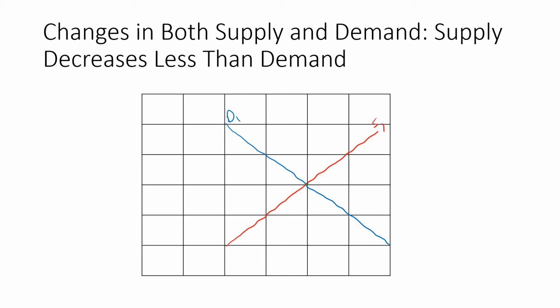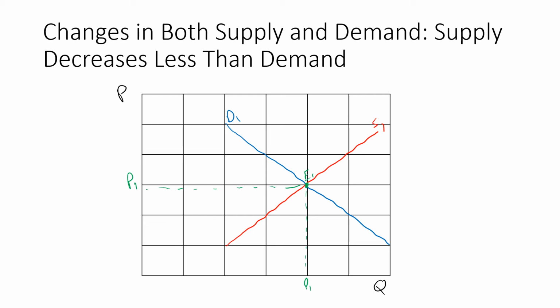Again, E1, quantity 1, and price 1. Don't want to forget to label our axes with a quick P for price and Q for quantity. Our problem is saying what happens when supply decreases less than demand decreases.